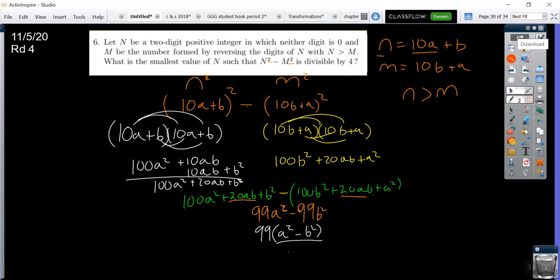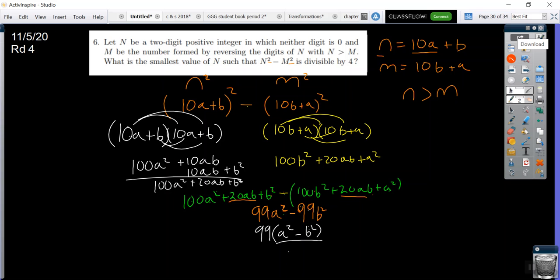So a has to be larger than b. So we know the smallest we can start with is 2 and 1. So 2 squared is 4, 1 squared is 1. 4 minus 1 is 3. 3 is not divisible by 4, doesn't work. So let's plug in 3. 3 squared is 9, minus my 1, because 1 times 1 is 1, that's 8.